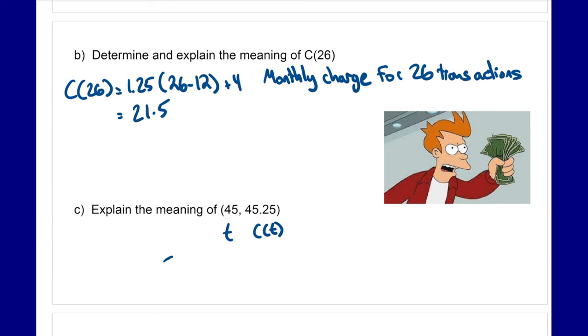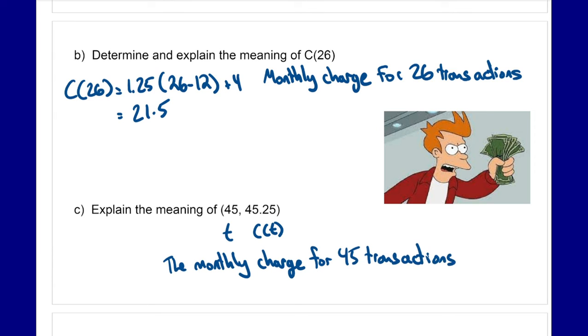So this would say that the monthly charge for 45 transactions is $45.25. So that is the cost or the monthly charge that we would have to go through.